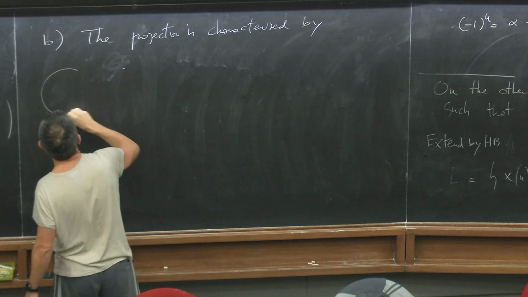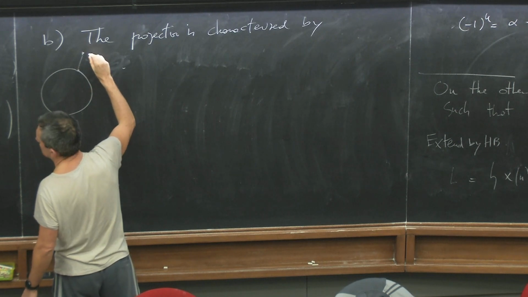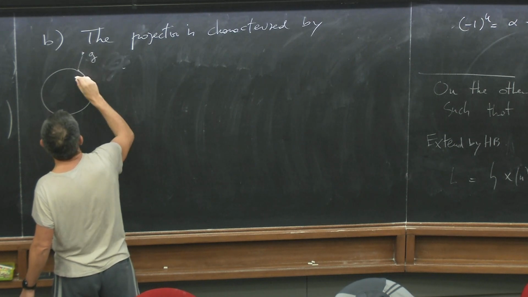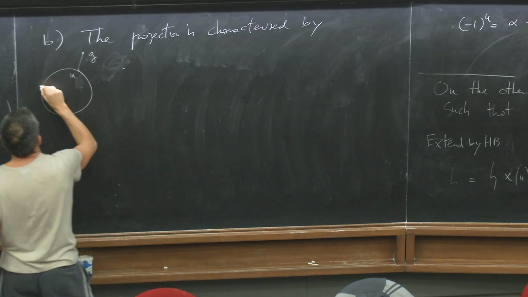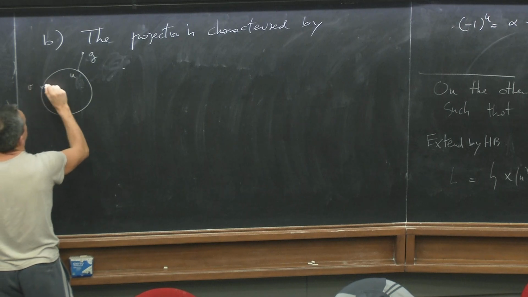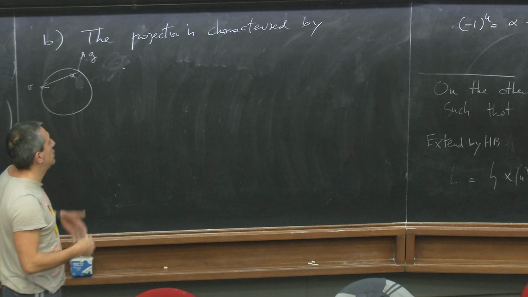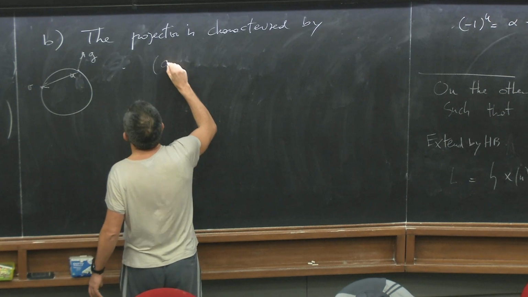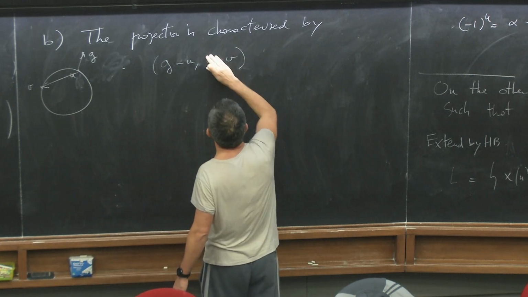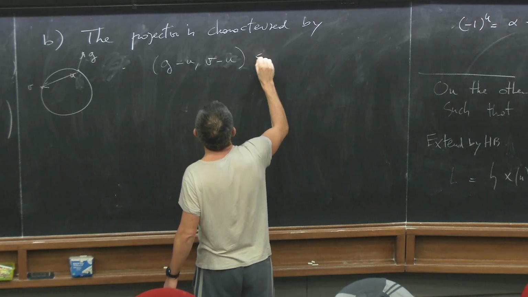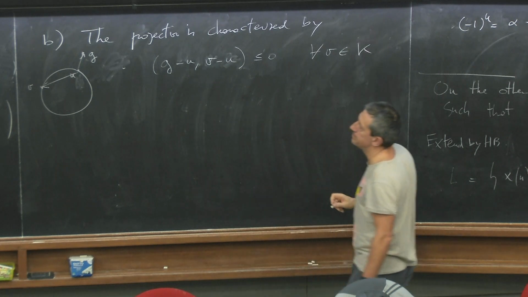Recall the drawing: this is g, and this is u, which is the projection of g. If I take another v and I take the scalar product of these two vectors, it is less or equal than 0. So it's characterized by (g minus u, v minus u) less or equal than 0 for all v in K.